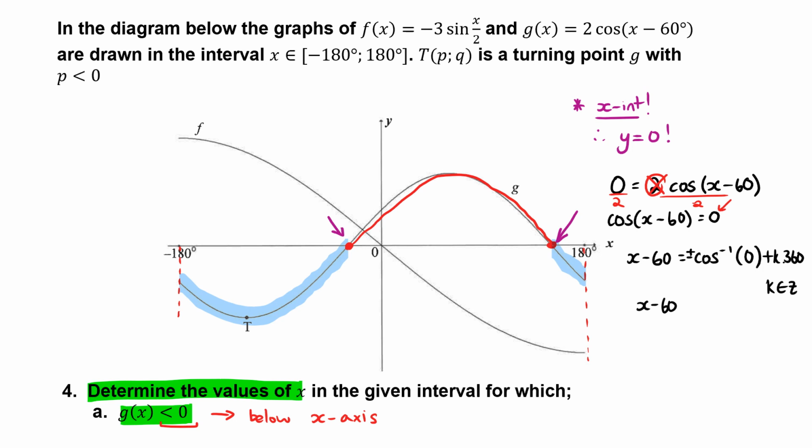x minus 60 is plus or minus 90 plus k360. So therefore x is equal to either positive 90 plus 60, which would be 150, or x would be negative 90 plus 60, which is negative 30 degrees.